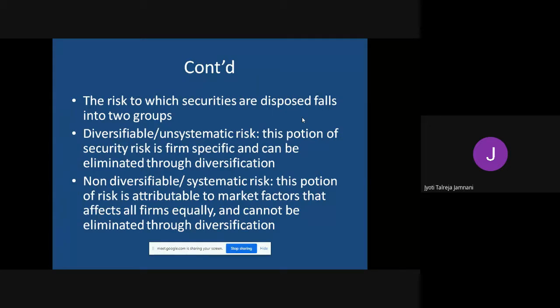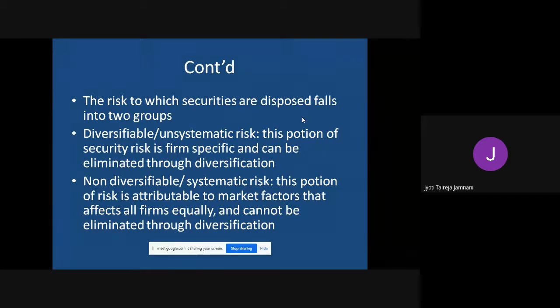The next is the non-diversifiable or systematic risk. Now this is the market risk. This is not specific to any company, but this is the risk of the entire stock market, which equally affects all the companies. So if the market crashes, all the company share prices will fall down. So it's not diversifiable. You can't reduce it.